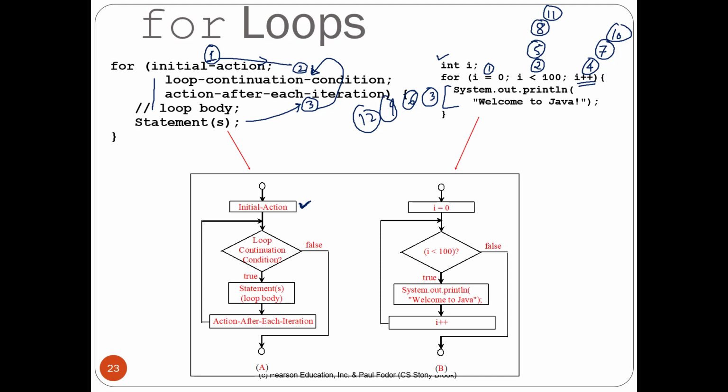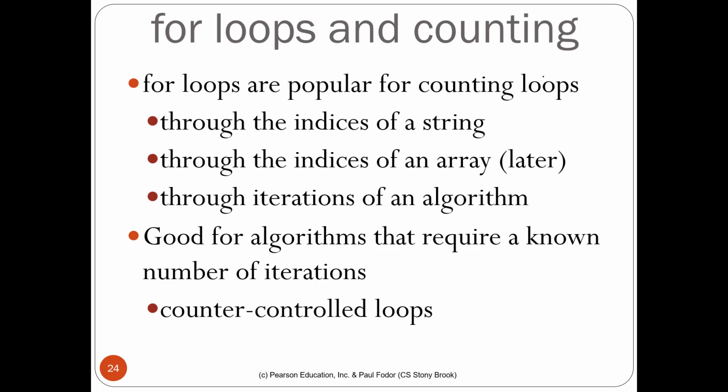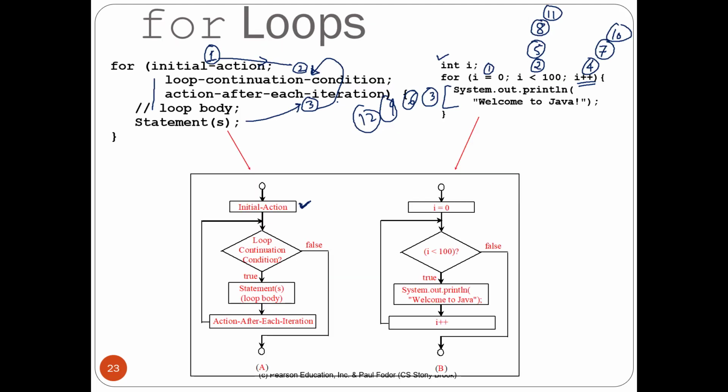Alright, so now we need to decide which loop is better. For loops are popular for counting loops. Counting loops, right? This is a new term that has come, so we need to understand what counting loops are. A counting loop is a situation where you know how many times you have to run the loop, like this example here.